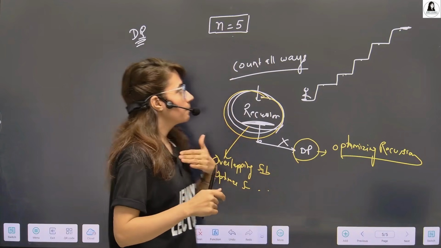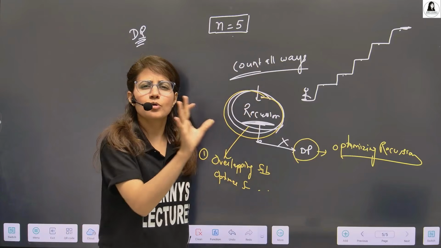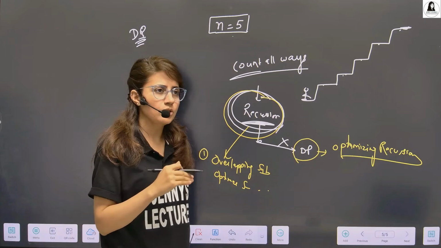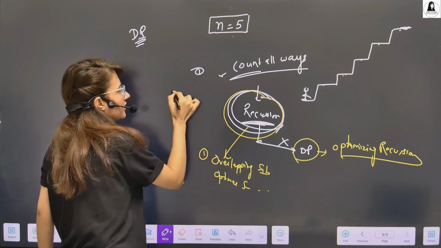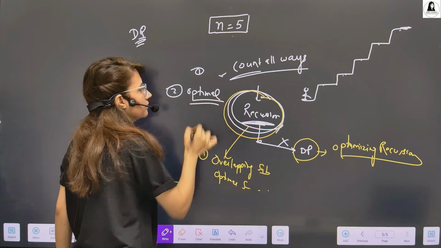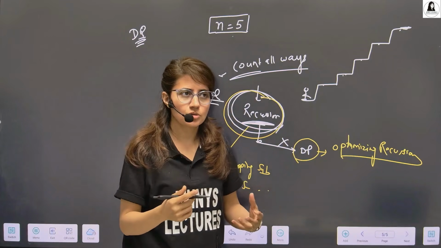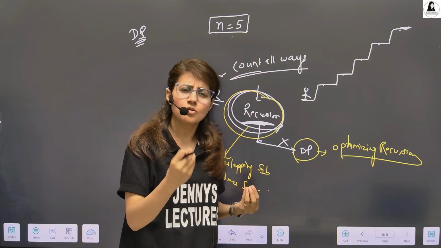So these are some ways. First, in some questions you are asked to count all the ways, distinct ways, all the possible ways, or count the number of steps or paths. Second, you will be asked for something optimal, like minimization or maximization, because DP is used to solve optimization problems.